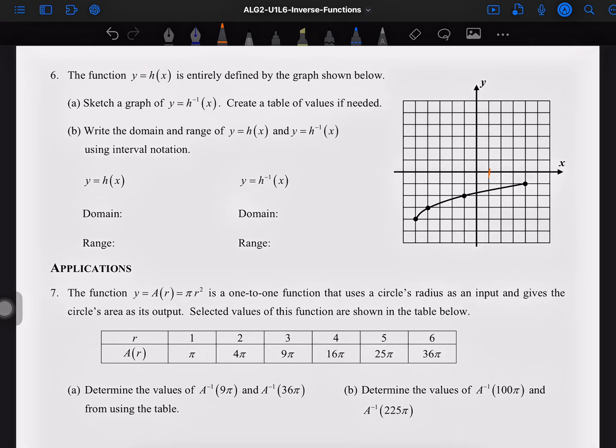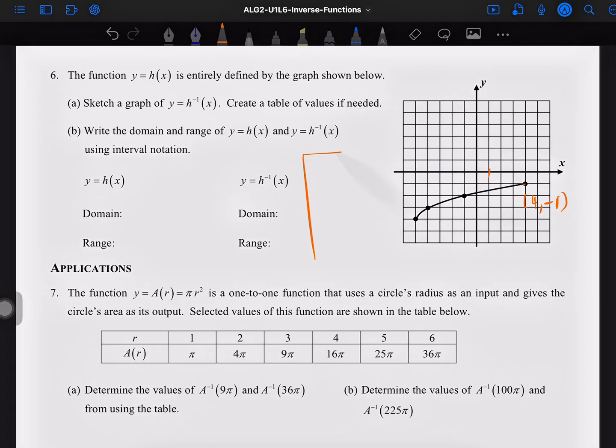Number 6, you need to draw a graph and create a table of values, right? So this point is x equals 4 and y equals -1. Its inverse will be... you can just list down the first points. We have 1, 2, 3, 4.